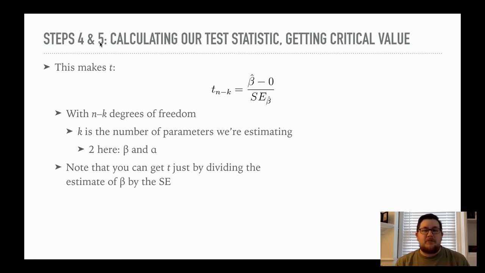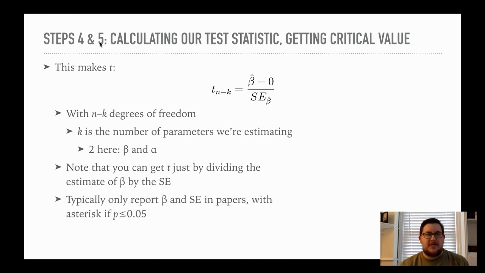That's it. So often in published articles, all we see are the regression coefficient beta, the estimate for that, and usually in parentheses just beneath it, the estimate for the standard error. And then there's a star, an asterisk, if p is less than or equal to 0.05, or whatever significance level they've set. They don't ever actually report the t value because you don't need to.